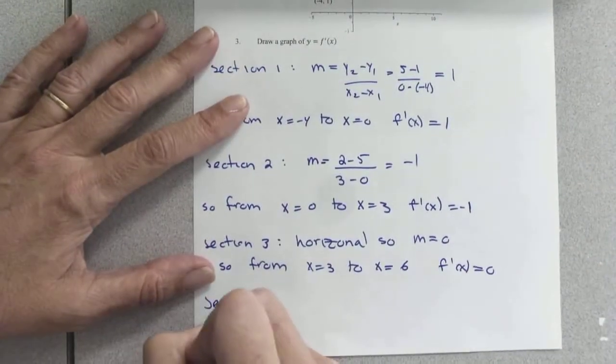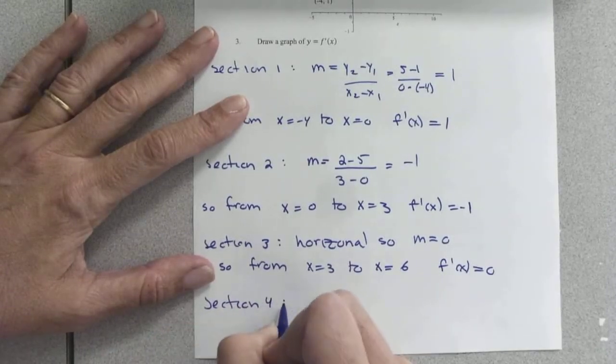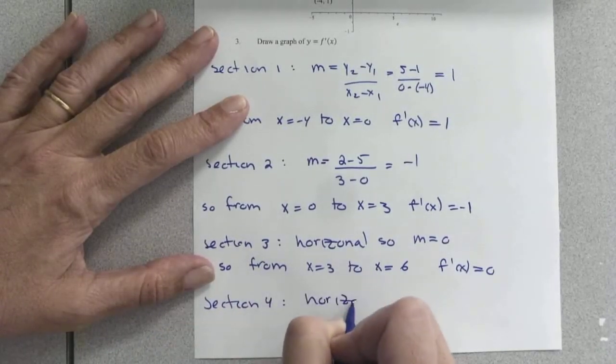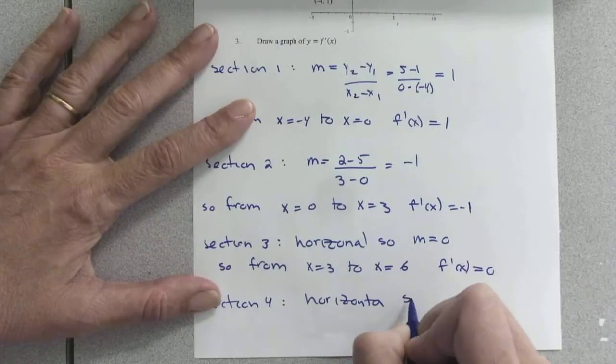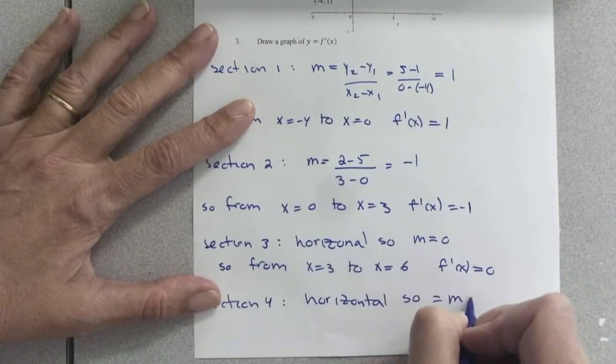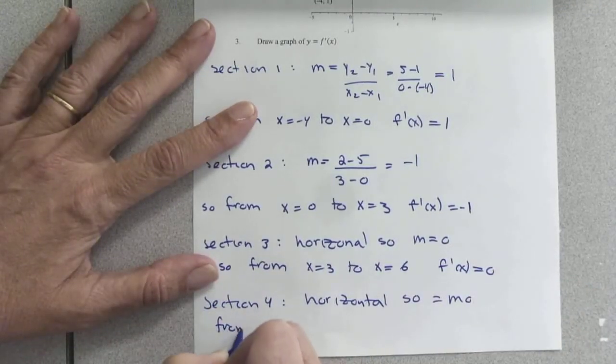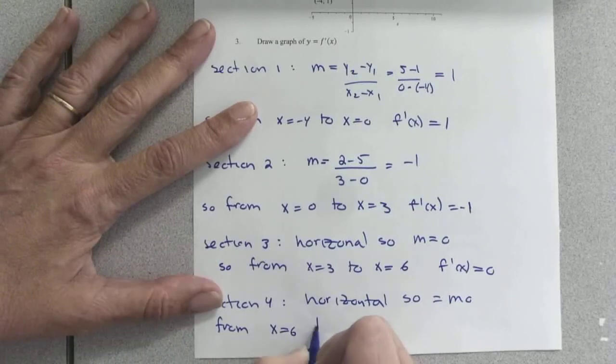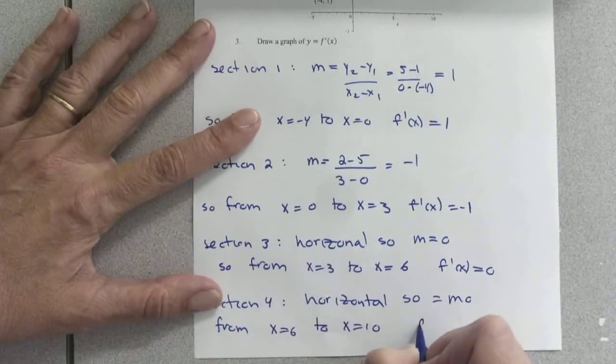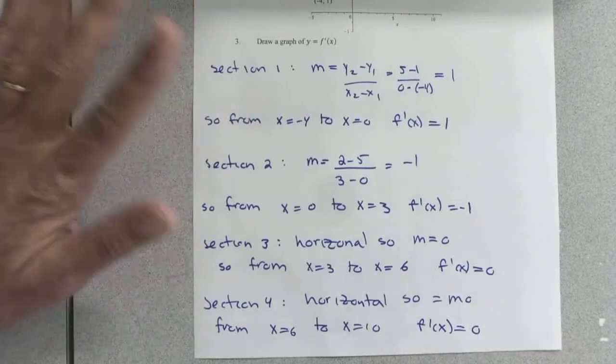And the same thing on this one, section 4. It's horizontal. So m equals 0. So from x equals 6 to x equals 10, f prime of x equals 0.